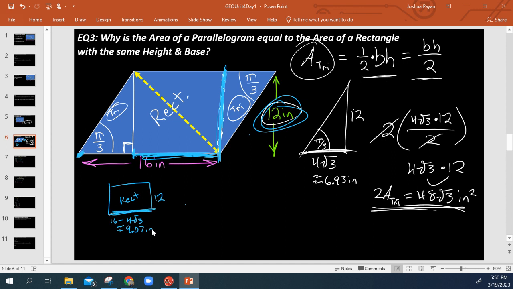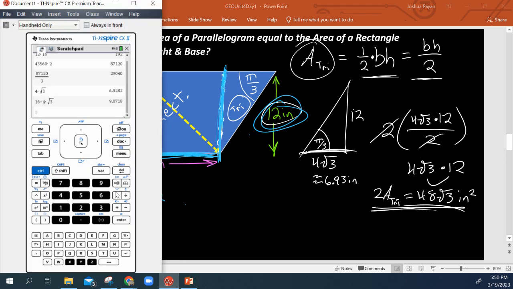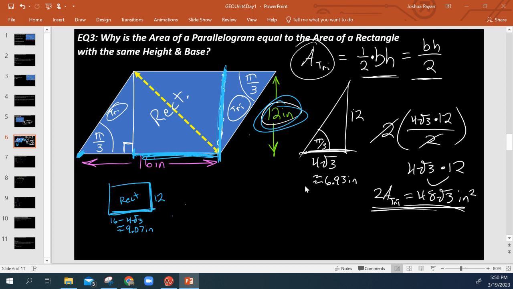That's the base of the rectangle, and we know the height is 12. So I'm going to multiply that by 12, and I get 108.862. If I add that to 48 square root of 3, we get exactly 192.